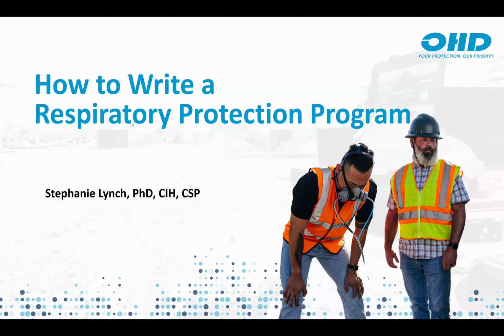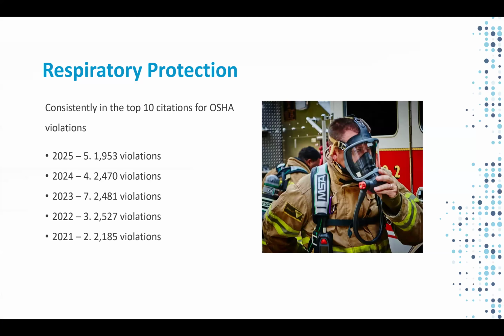So, why do we care about how to do this program? Well, one of the biggest reasons is, of course, regulation, right? Consistently, respiratory protection is in the top five violations from OSHA. And actually, for most of these citations, the single biggest factor is someone just not doing something.